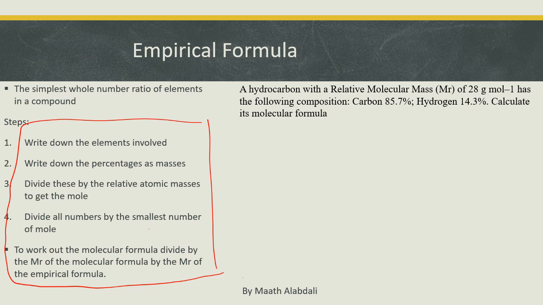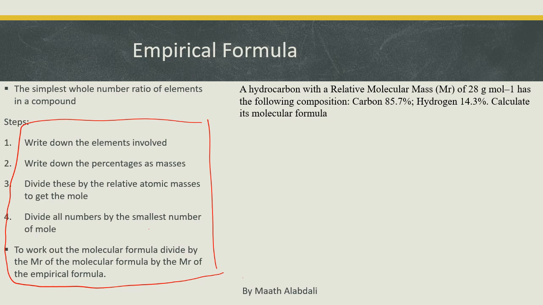So here, it says that the hydrocarbon with a relative molecular mass of 28 grams per mole has the following composition: carbon 85.7 percent, hydrogen 14.3 percent. Calculate its molecular formula.